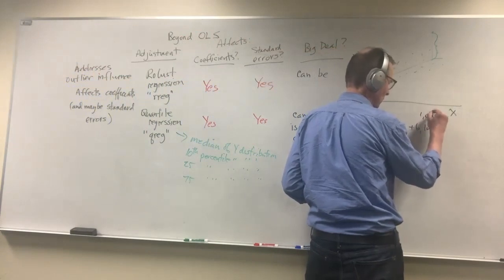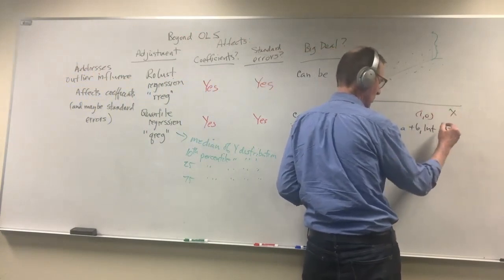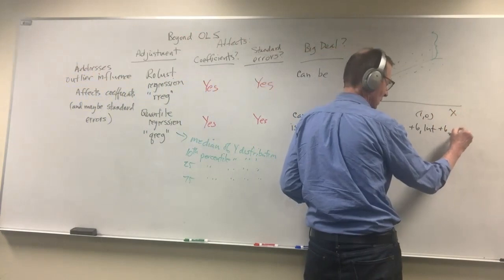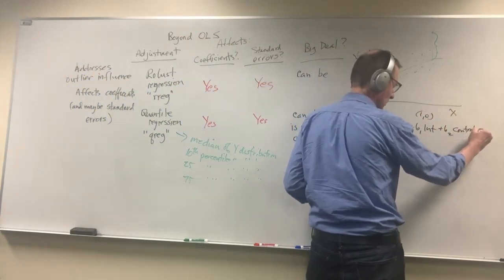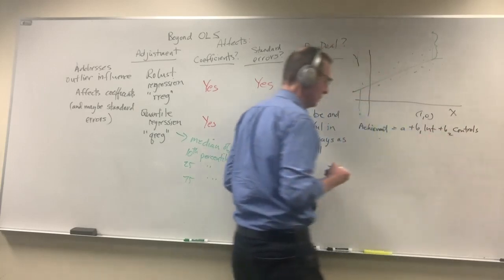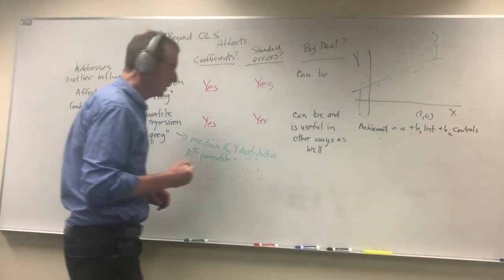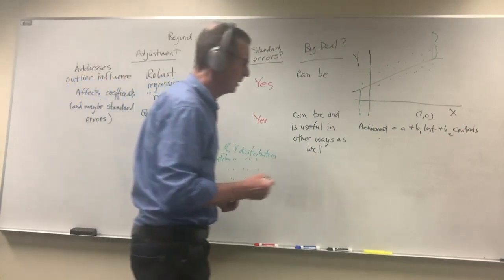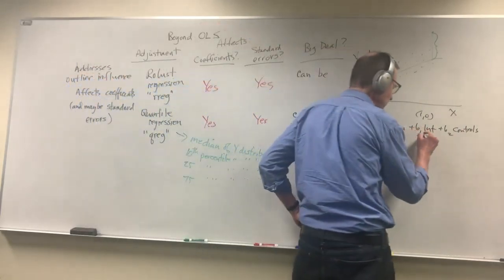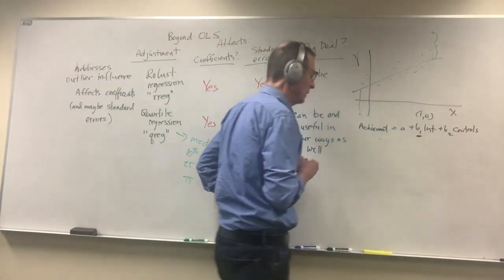This is a 1-0, whether they're in the treatment group versus control group, plus controls. Right, and you run the OLS and it gives you a least squares criterion fitting for B1.